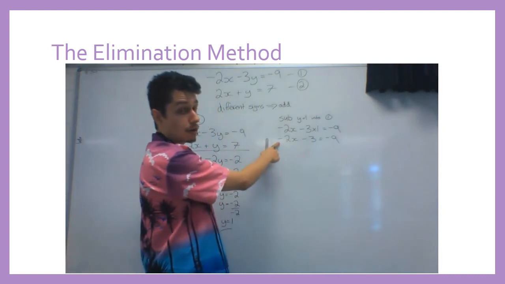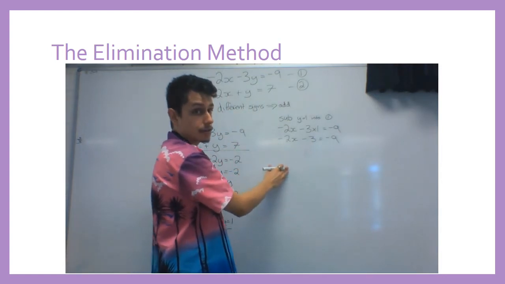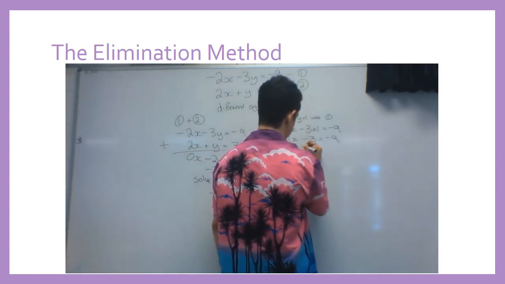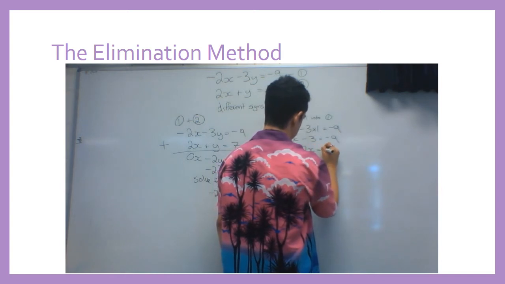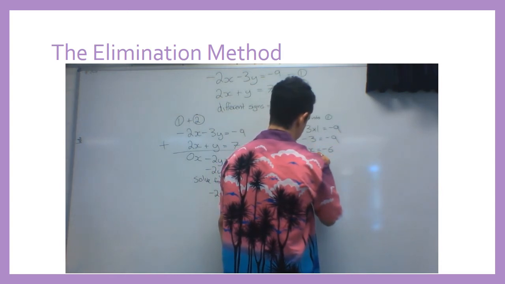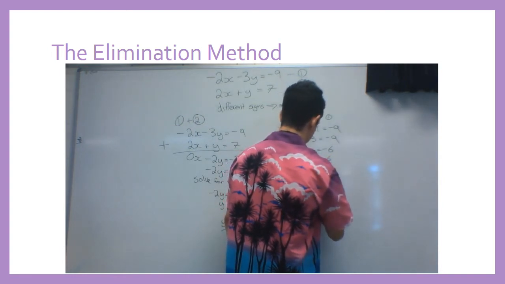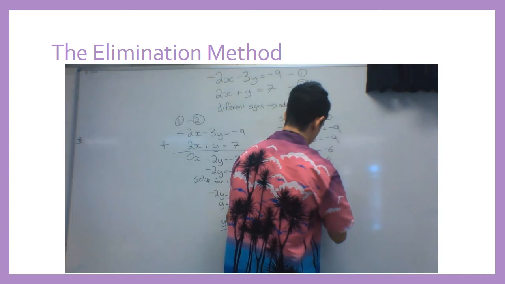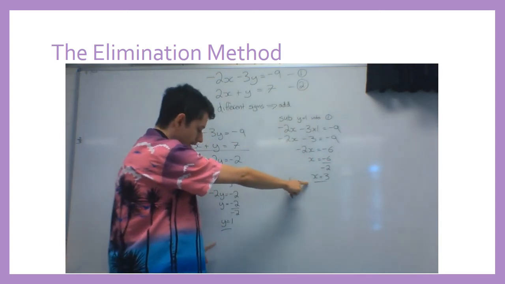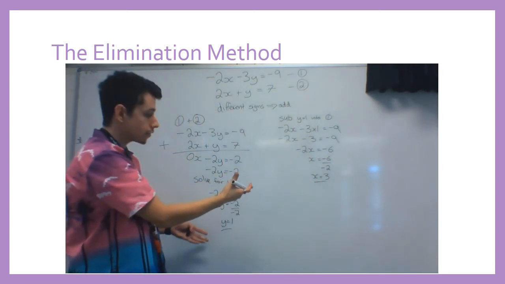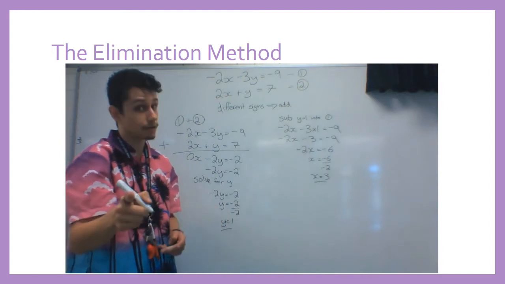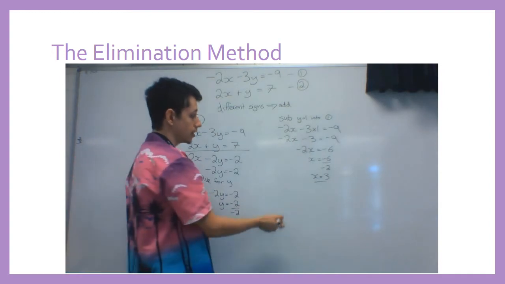Now I've only got one variable, so I'm just solving for x here. There, I've done it. I've got my answer: 3 and 1. But remember, we've got to check.